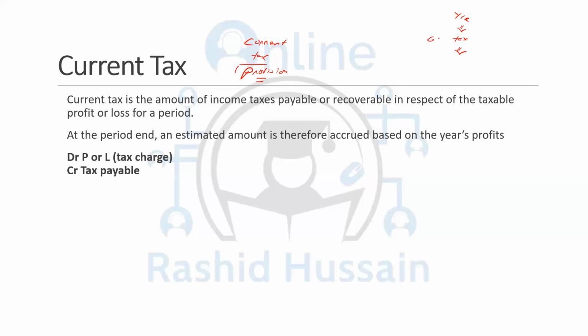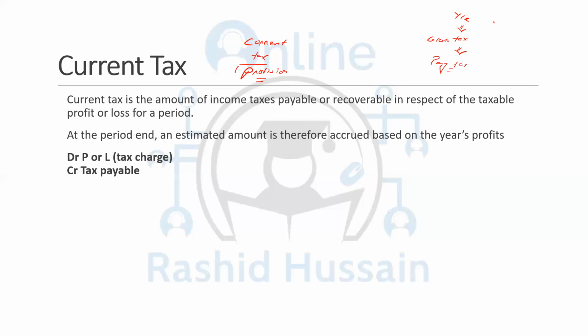First, they need to calculate the tax, and then they need to pay the tax. This should be the ideal situation: you got the year end, you have finalized your financial statements based on your profit, you have calculated the tax, and then some adjustments are done with the taxation authority. And now when your tax is accepted by the tax authority, you just simply pay it.